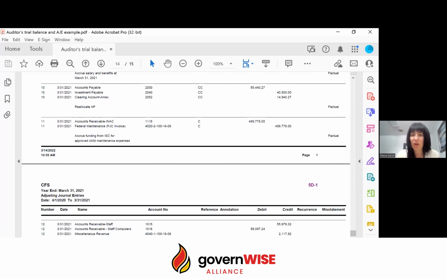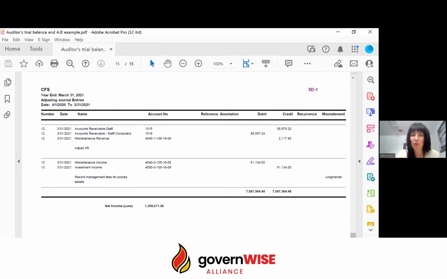Here they have quite a few entries, so I'd probably post them separately, but sometimes you just have 2 or 3 entries and you combine all of them in one. It all works, whatever is the easiest for you, as long as we achieve the result that our records for 2021, in this case, agree to the auditor's records, the auditor's trial balance.